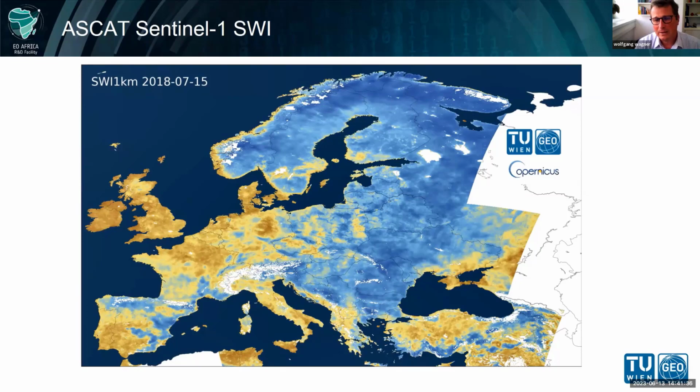If we combine data that have a resolution of, say, 1 kilometer and data that have a resolution of 25 kilometers, the resulting information content is somewhere in between, say, 10 to 15 kilometers. So the sampling here is again at 1 kilometer, but the spatial resolution information content of this product is at 10 to 15 kilometers.